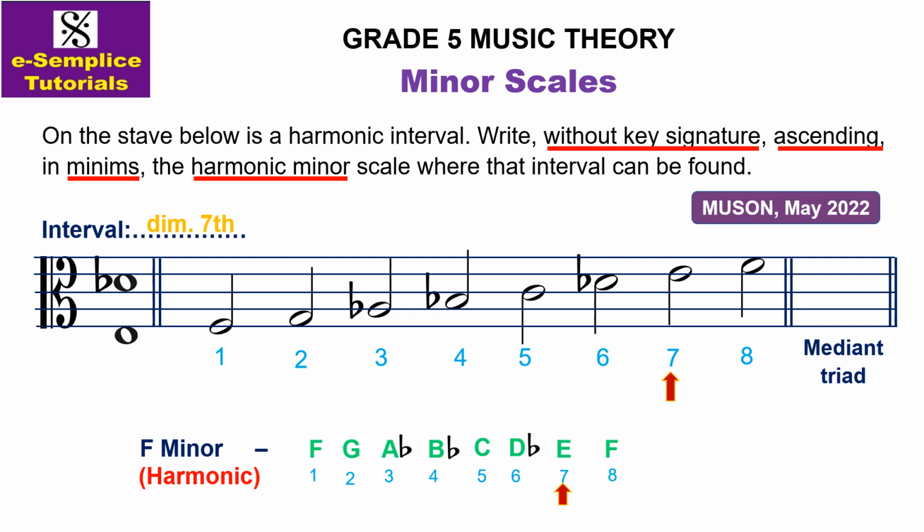Let's work on the mediant triad. The mediant is the 3rd degree. So A flat will be at the root, followed by the dominant note, followed by the leading note.